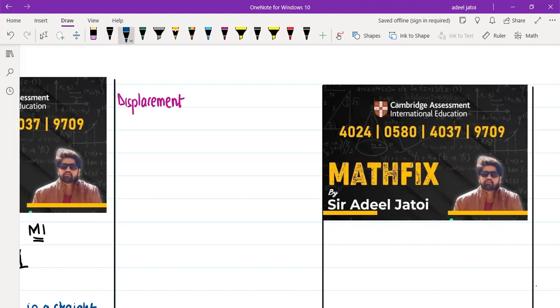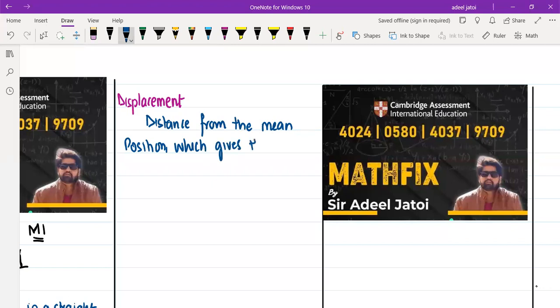It is the distance from the mean position, which gives the shortest distance between 2 points.